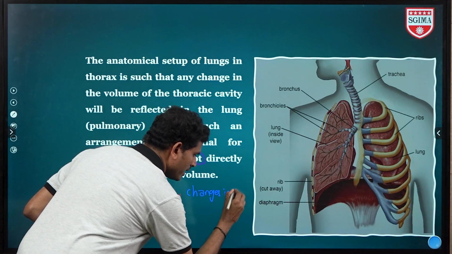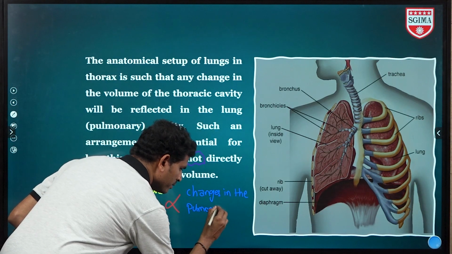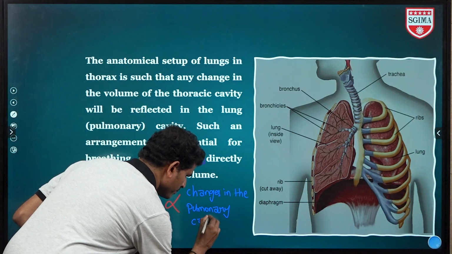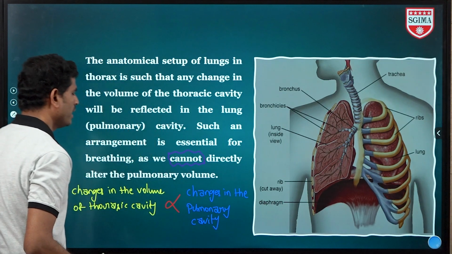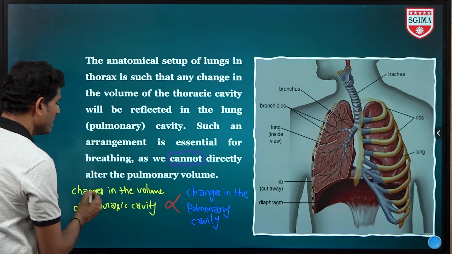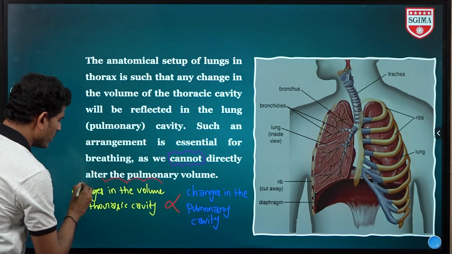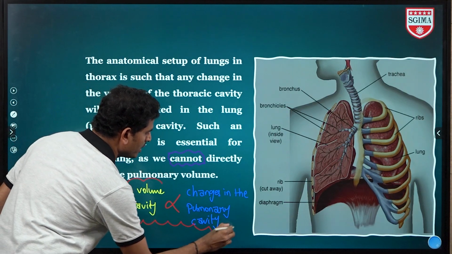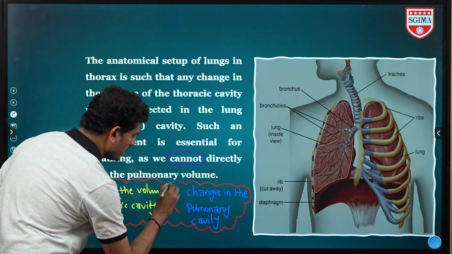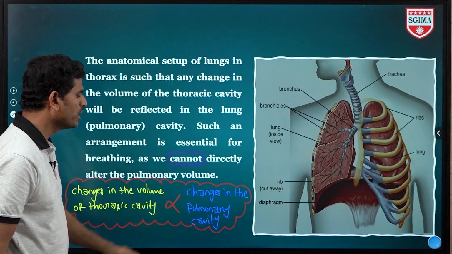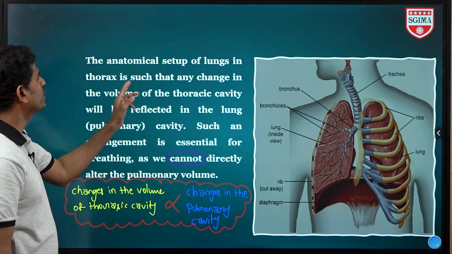You must remember this point. So the changes occurred in the volume of the thoracic cavity are directly proportional to the changes occurred in the pulmonary cavity. That is what they have given here.